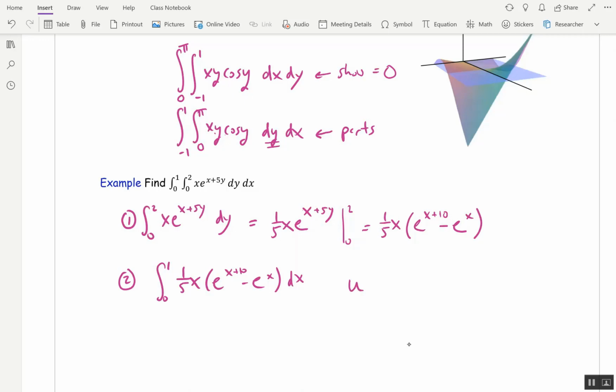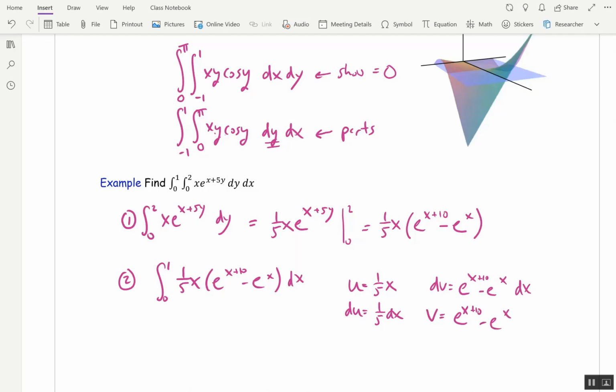So I'm going to let u equal 1/5 x, du is 1/5 dx. I'm going to let dv be everything else, e to the x plus 10 minus e to the x dx. So v, when I integrate, I just get the same thing, e to the x plus 10 minus e to the x.